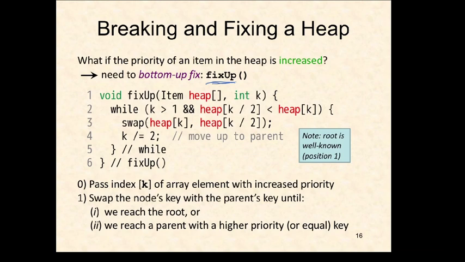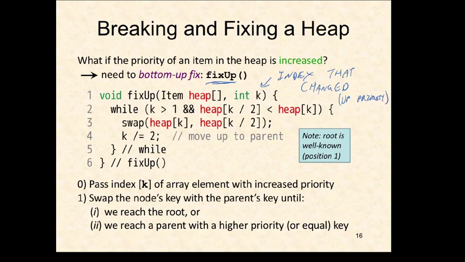So let's look at the code here. It says while k is greater than 1. Wait, what does k greater than 1 mean? K is the index, so this is the index that changed. So someone said, hey, there's a heap here, and somebody at index k changed, and it not just changed, it went up in priority.